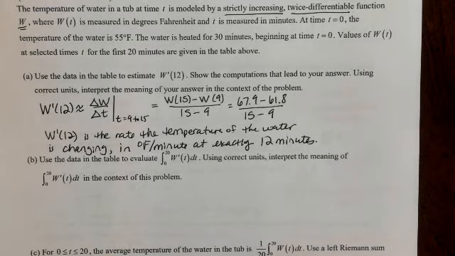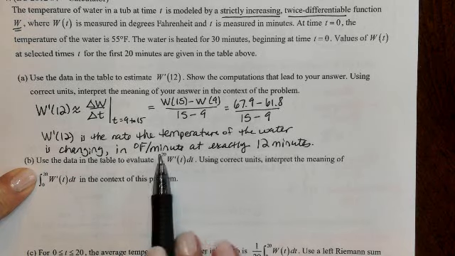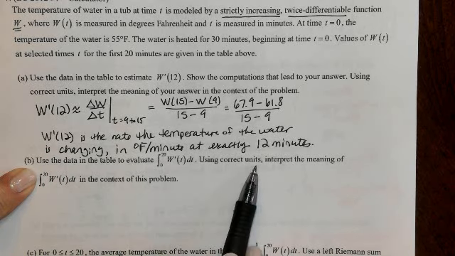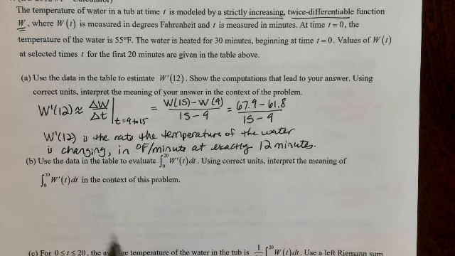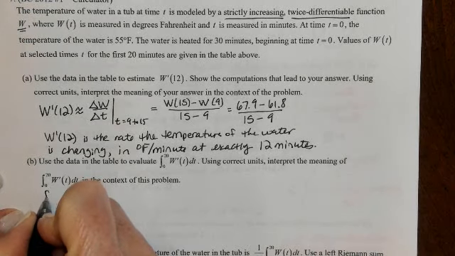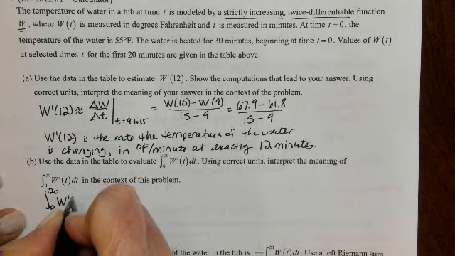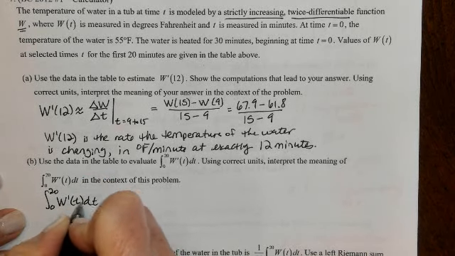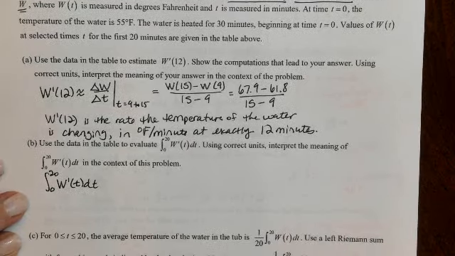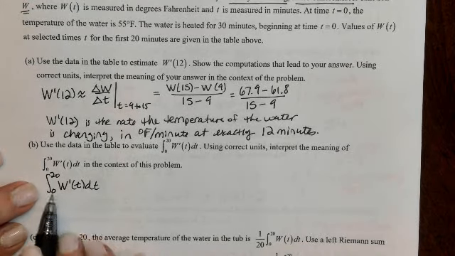All right. Part B. Use the data in the table to evaluate this integral. Using correct units, interpret the meaning of that integral. Okay. So first of all, it says to evaluate, not approximate, evaluate. So there must be a way to find the value of that integral. Let's take a look at this integral.